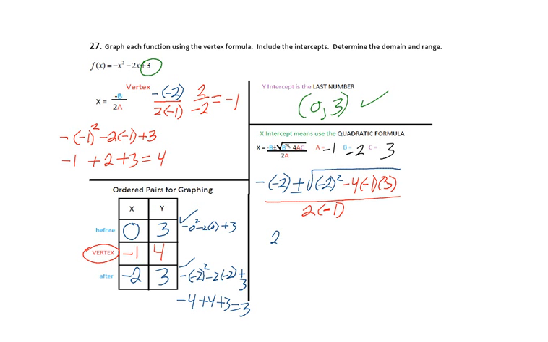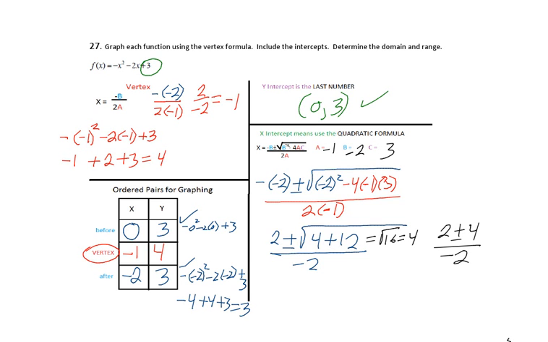So we're going to get 2 plus or minus the square root of 2 squared, which is 4, plus 4 times 1 times 3, that's 12, over negative 2. And 4 plus 12 is equal to 16, and I like 16 because it's perfect. The square root is equal to 4. So you get 2 plus or minus 4 over negative 2.